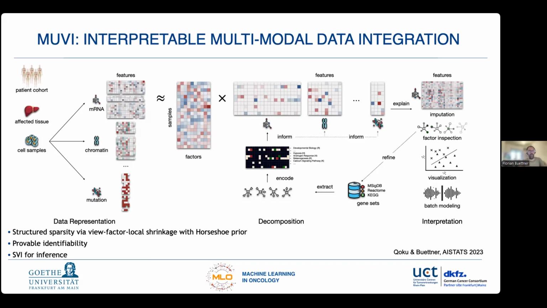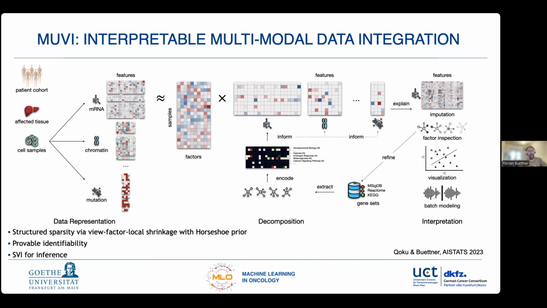So I'm going to switch it on and give it a high weight anyway. And by that, we can really learn these directly interpretable pathway factors and also refine the annotations and contextualize them to a given context. There are also some nice theoretical properties such as identifiability, and we can make it all fast using stochastic variational inference.